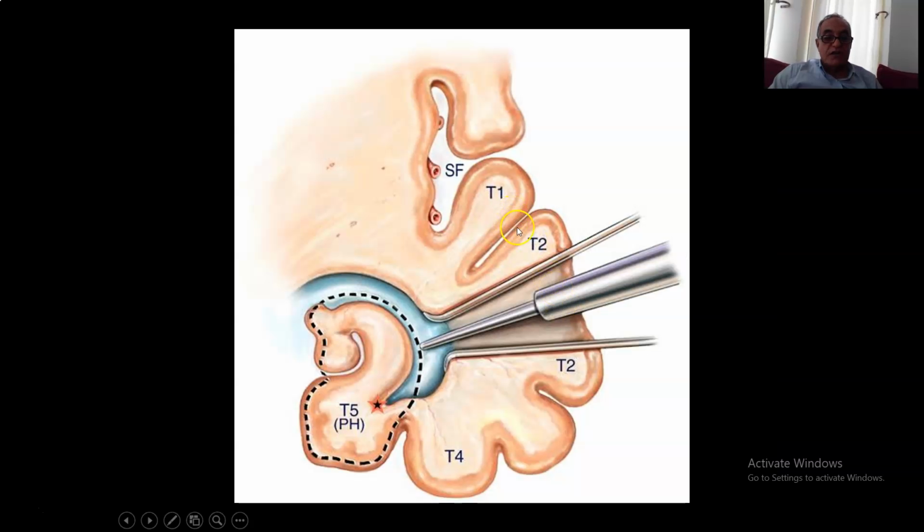Also, the middle temporal gyrus is very important in surgeries inside the temporal lobe, in amygdalohippocampectomy or temporal lobectomy in epilepsy surgery, or if you want to approach any tumor in the medial temporal lobe, you can approach it via the middle temporal gyrus.